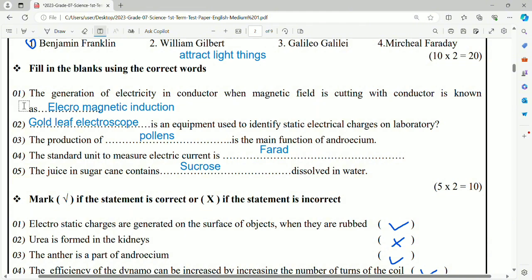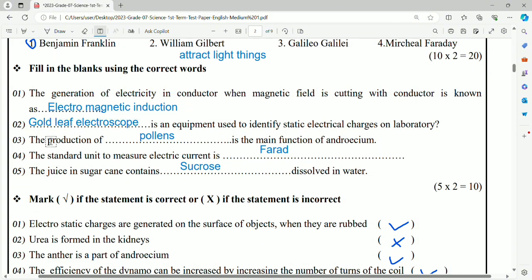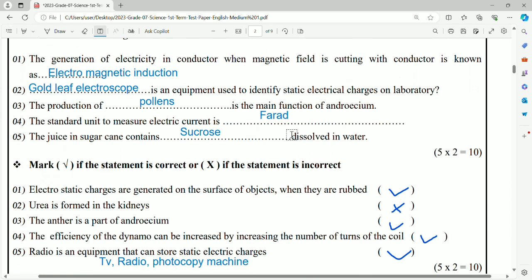Then go to this question. Electricity is generated when a magnetic field is cut by a conductor. So when the conductor cuts the magnetic field, electricity is generated in the conductor. This is electromagnetic induction, explained by Michael Faraday. Then, the gold leaf electroscope is equipment used to identify static electrical charges.